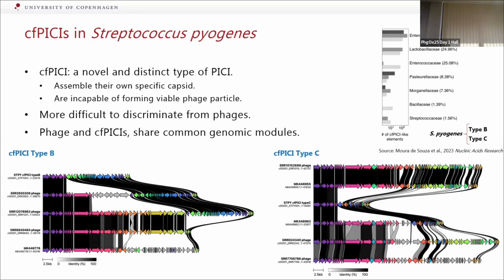As you can see, both modules are present in several phage genomes. What's in between are actually other genes, such as virulence factors, like the superantigens that I mentioned before. So we can see that there is a high modularity of these elements, and a similar observation was made for the type C CFPs.